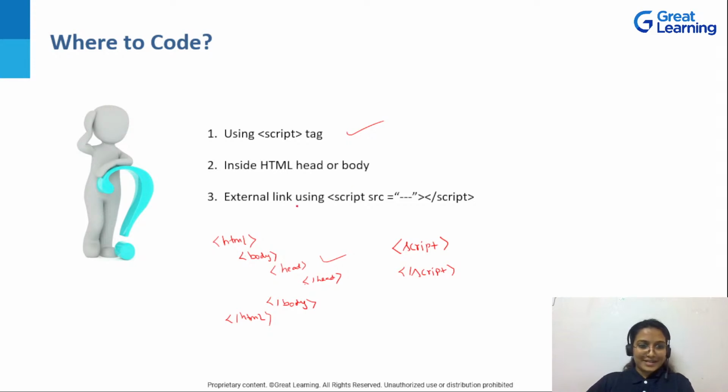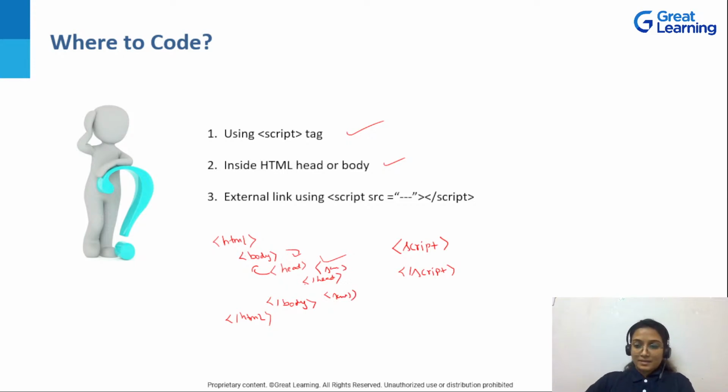Somebody told it's right. Okay. So guys, HTML first, head next, body next. I have just interchanged this. So where you can use this JavaScript: you can use it anywhere in the head or in the body of the HTML. Either you can include it here or somewhere here as well, but not on both sides.